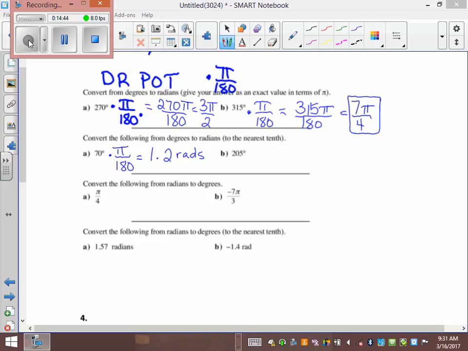I could put radians behind it, or I could just leave it. Like I left those ones, I didn't write anything behind them, they're radians. 205, so you're going to multiply by pi over 180. 3.6. I could put radians behind it. Or like I said, I could have just left it as 3.6. Then it's radians as well, because if I don't write anything behind it, it's radians.